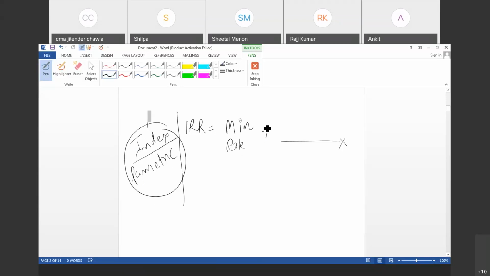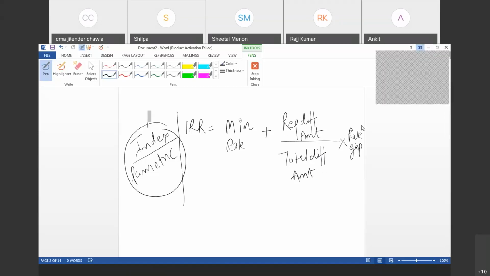Minimum rate plus required difference of amount, or total difference of amount, into the rate gap. If you ask me how to use this formula, or I can say the index-based approach. Sheetal, is it clear? Okay. If you ask me to prepare a diagram for it, no issue.